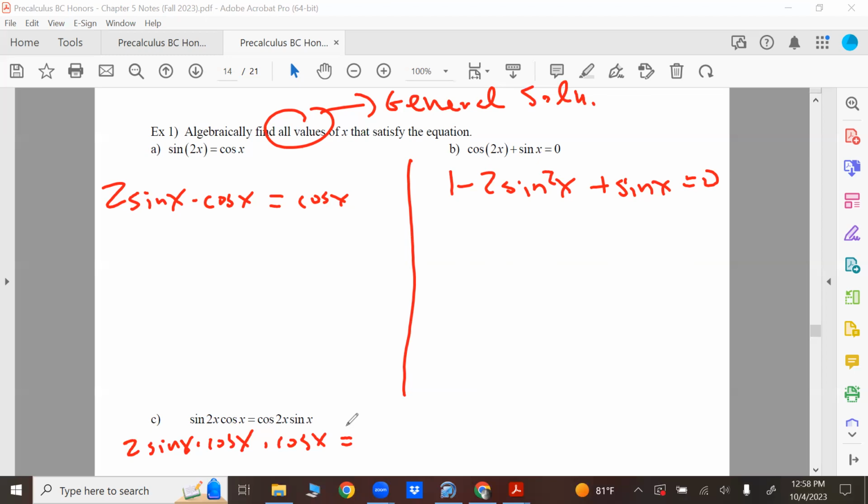You want cosine squared x to the other side, right? I like what Catherine said. So yeah, I would do 2 cosine squared x minus 1 times sine x. Because then you're going to get things to line up. Actually, they'll cancel, which is kind of nice.